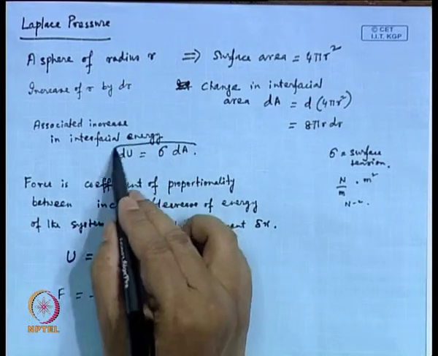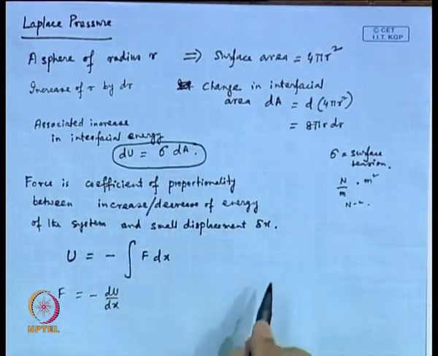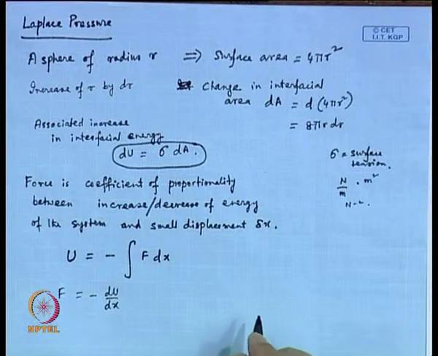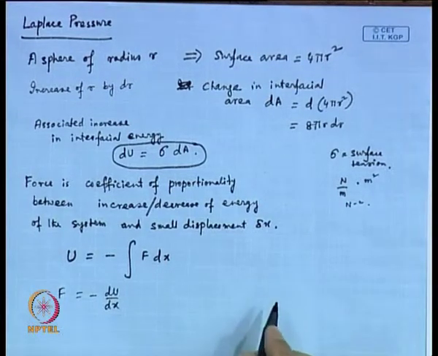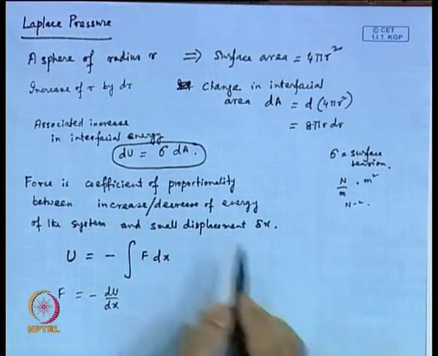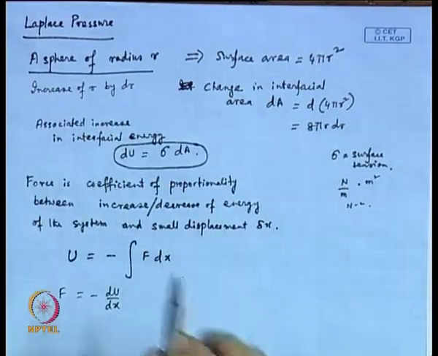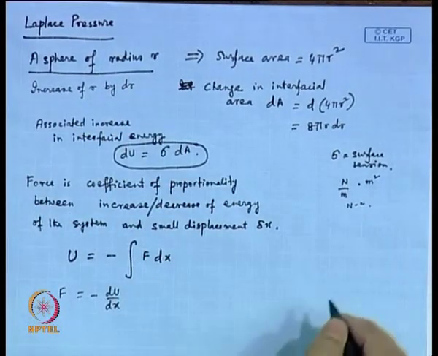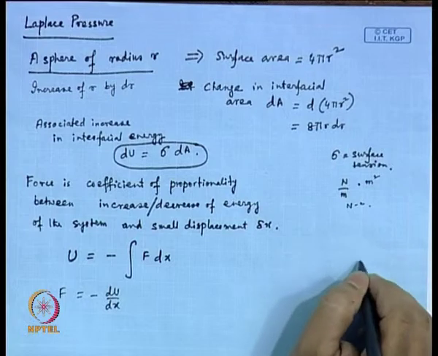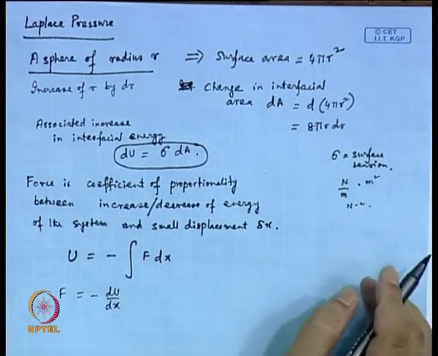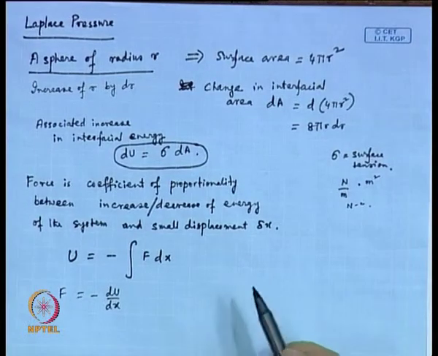With this information available to you, dU is equal to sigma dA, what do you have for this sphere? We started with a sphere of radius r. So we are talking about a bubble of radius r inside say water, and we are trying to find out what would be the force in this case.